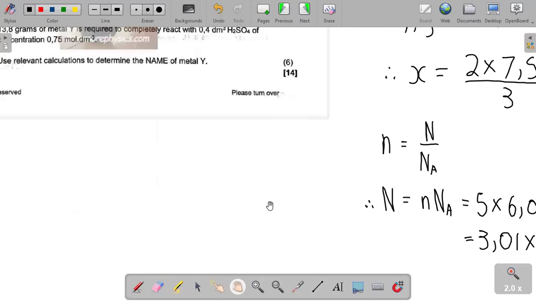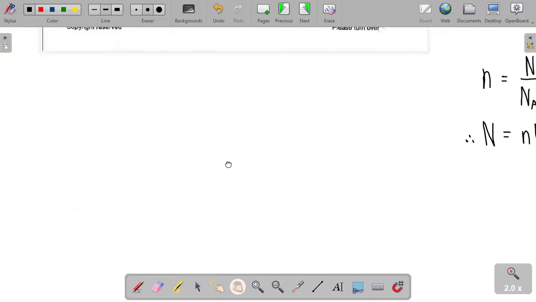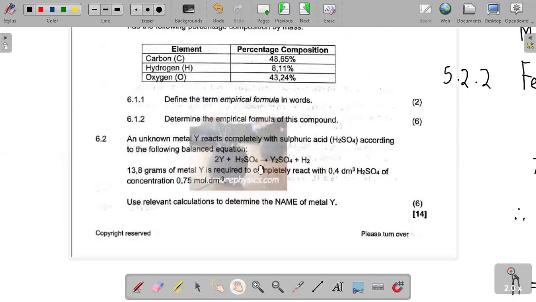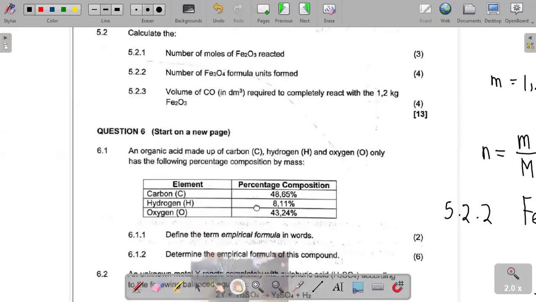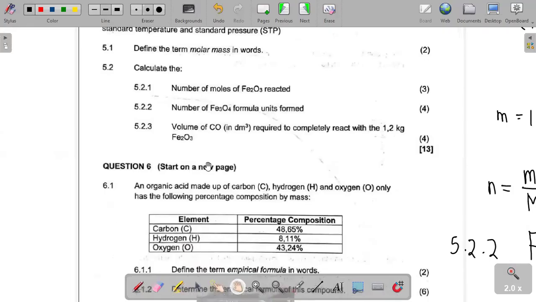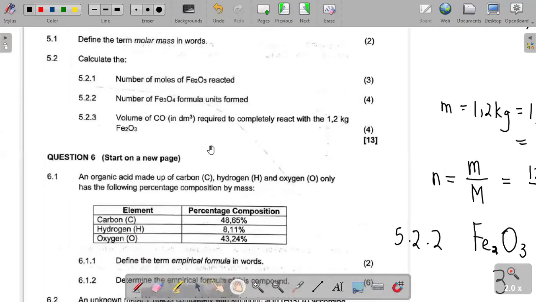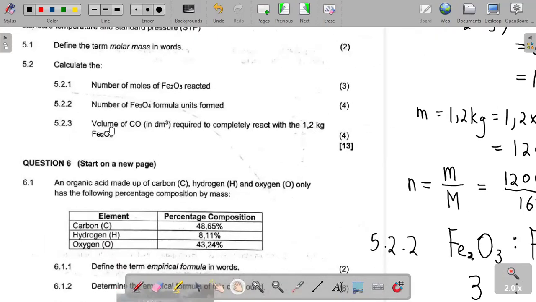And then the last here, 5.2.3. 5.2.3 says the volume of carbon monoxide in cubic decimeters of the 1.2 kg.